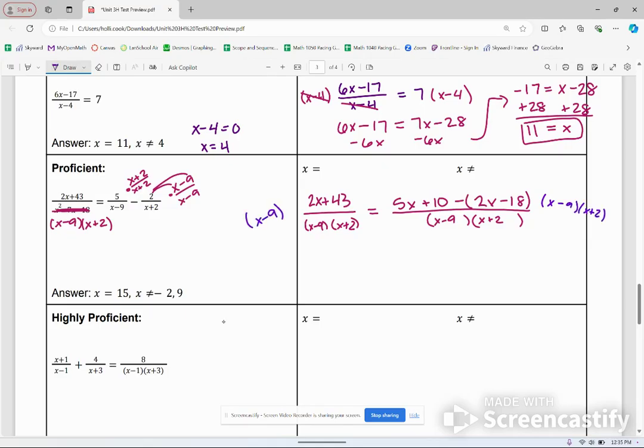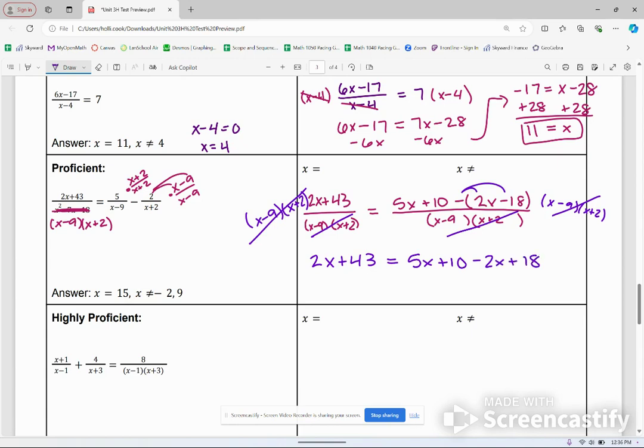Okay, and that cancels out the denominators. And you don't necessarily need to write out this step on your test. You can just jump to 2x plus 43 equals 5x plus 10. I'm going to distribute this negative, so I have minus 2x plus 18.